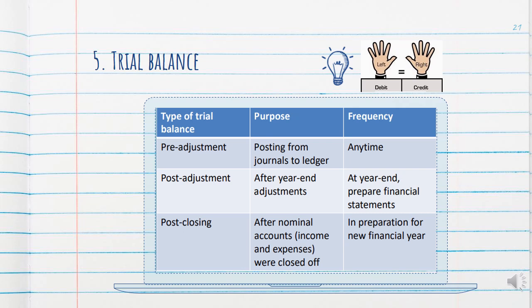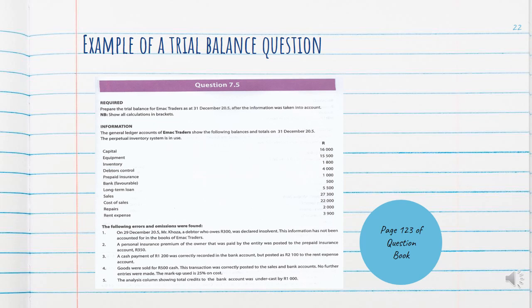You will adjust your pre-adjustment trial balance, which will lead to your post-adjustment trial balance, which will then lead to your post-closing trial balance. So yeah, I've put down a really good question for trial balance. Like I said, I'm not going to go through it, but it's a good question to go through to practice for your exam. And I do give you the solution in the next slide. So pause it, maybe do it if you want to, and then you can look at the solution and see if you got the same answers.